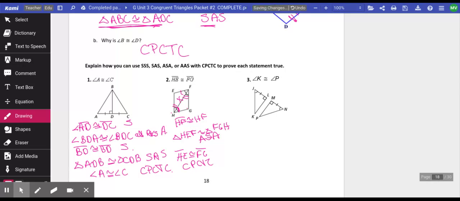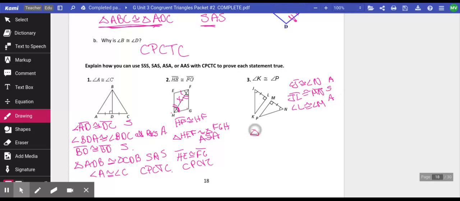Last problem. So I have angle J is congruent to angle N. That's given. JL is congruent to MN. That's given. And angle L is congruent to angle M because they're both right angles. So that's an angle, side, angle.